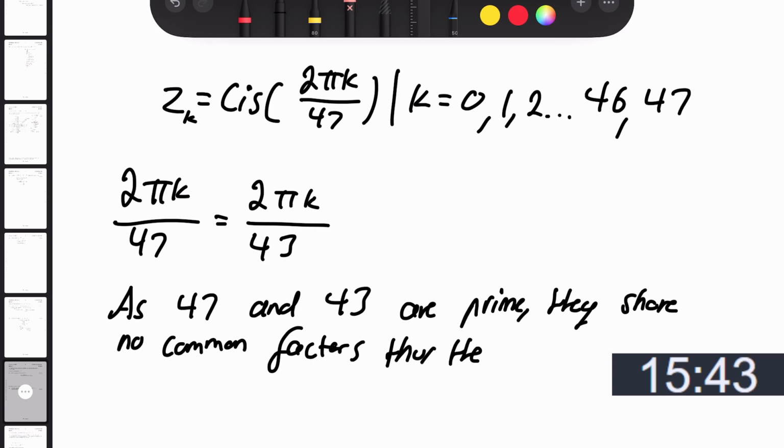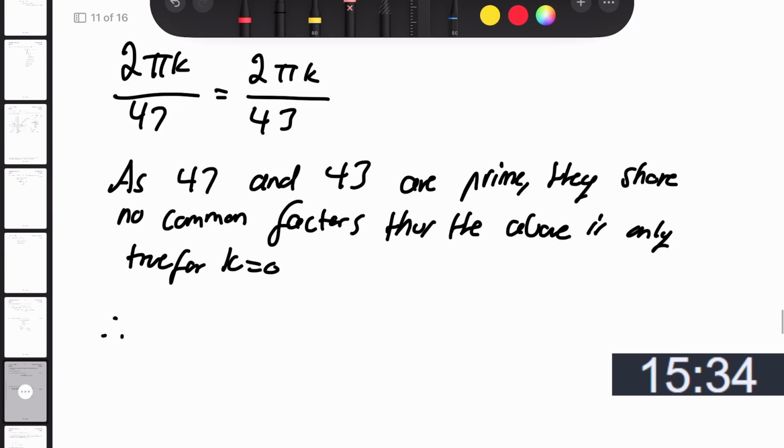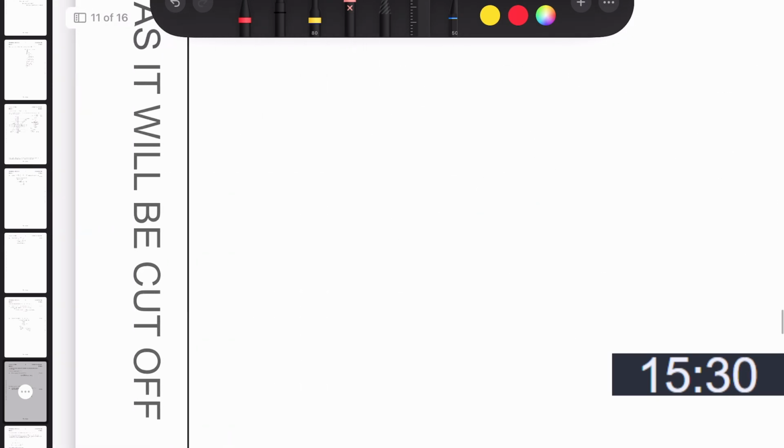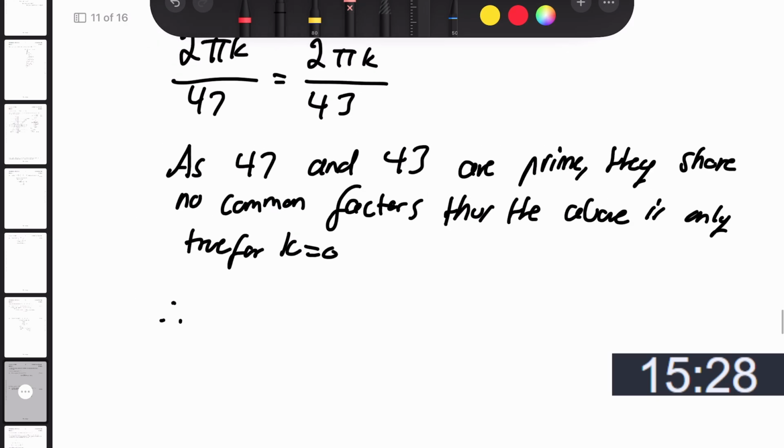Thus, the above is only true for k equals 0. Therefore, only one solution. Only one root will be shared.